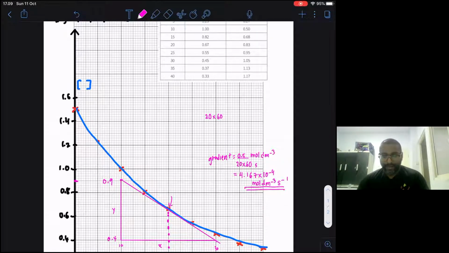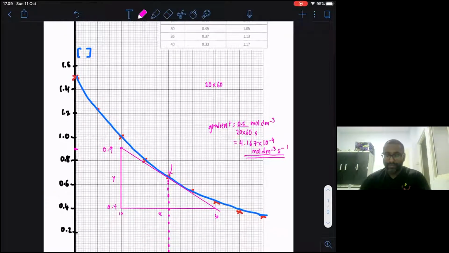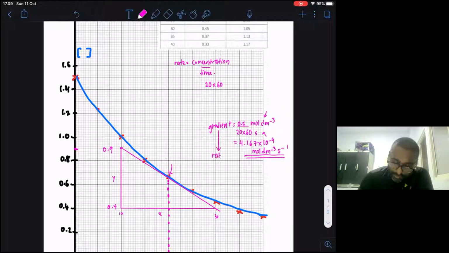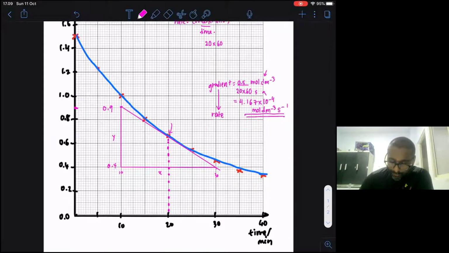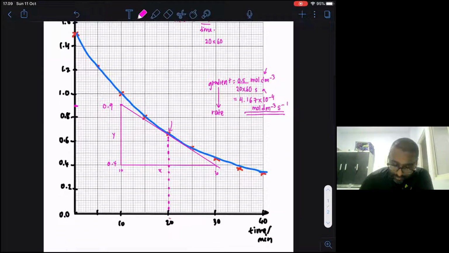This gradient represents concentration divided by time. We have learned that rate is defined by change in concentration divided by time as well. So the gradient represents your rate, the rate at that particular point, when the time is 20 minutes.